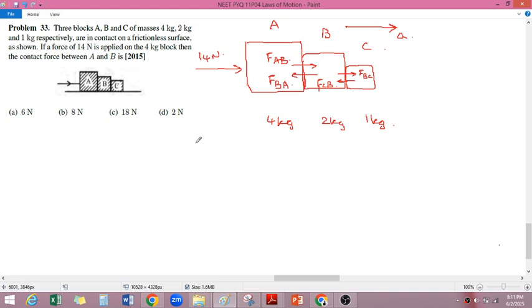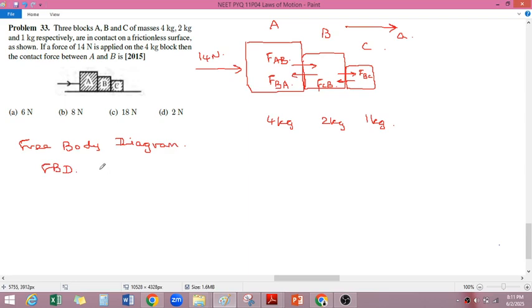So that means we have studied something called a free body diagram. Each one you have to draw separately. That is called FBD, free body diagram.